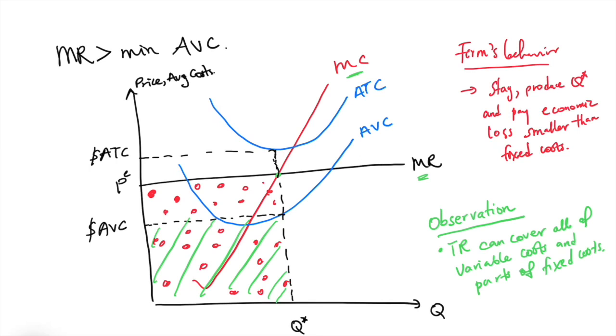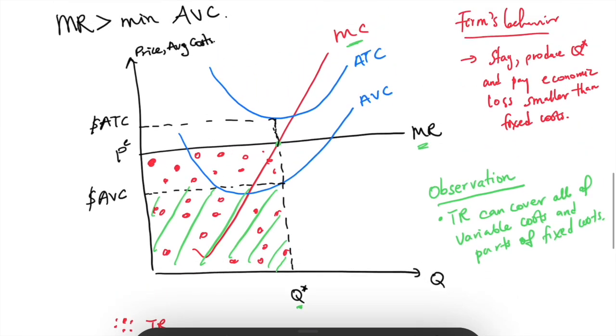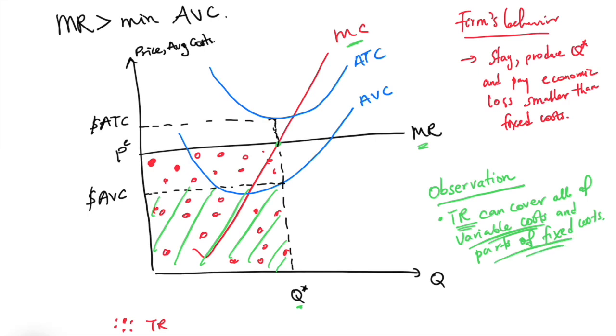So red dots are total revenue and the green shaded area will be variable cost. Okay, sweet. You can observe that total revenue can cover all of our variable costs and parts of our fixed cost.